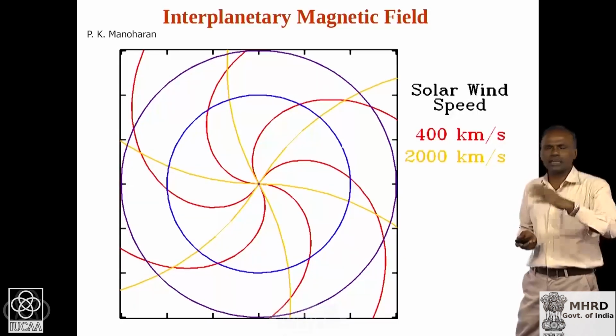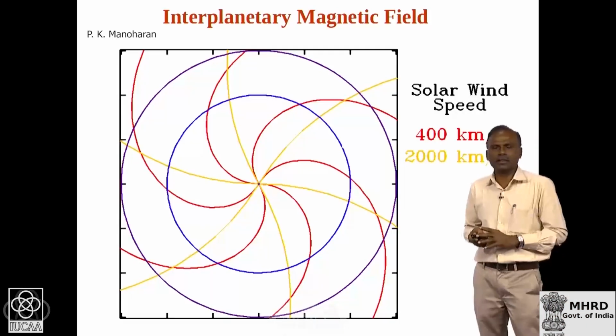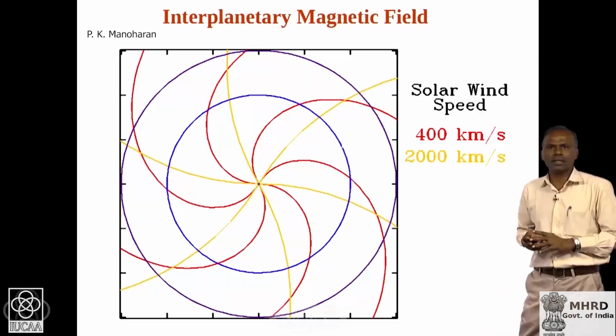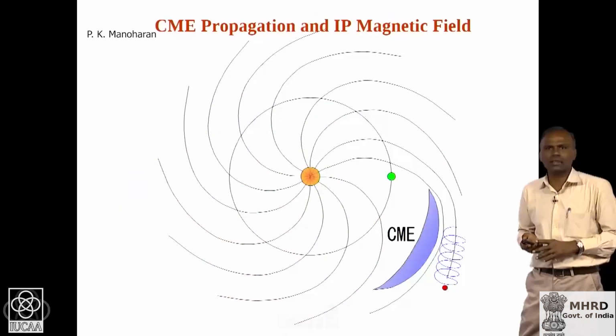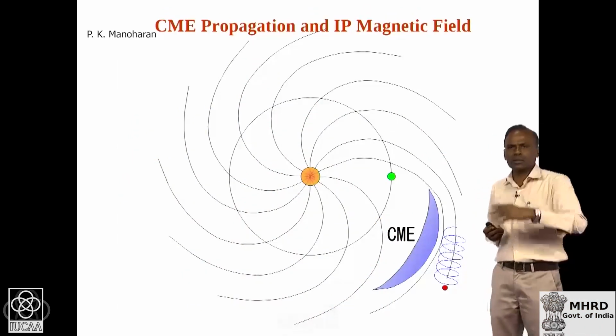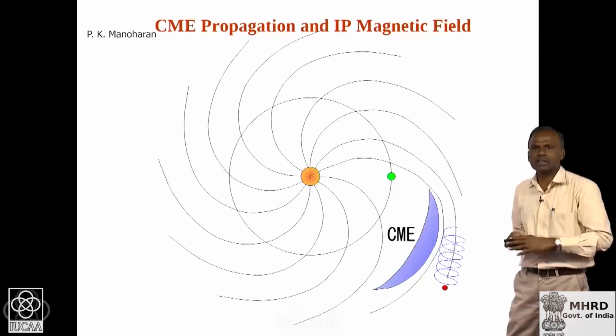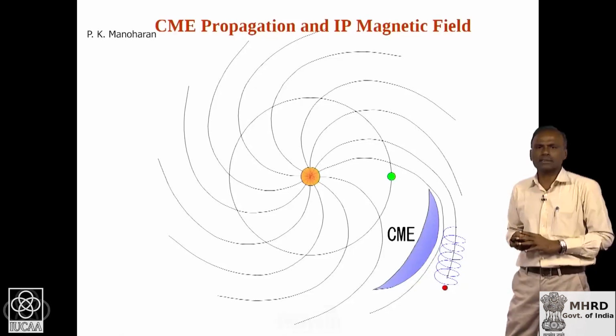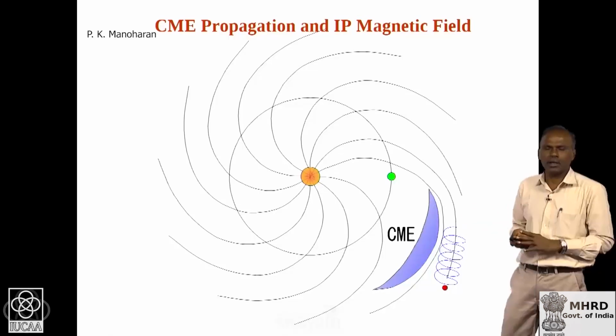So, we can see the varying curving of the interplanetary magnetic field. As I told, if a coronal mass ejection, CME, is flowing out, it drags the magnetic field from sun to earth or beyond.